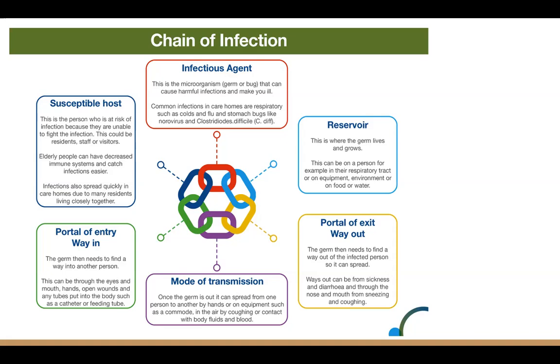Once the germ is out, if it's in the air, it can spread to other people via aerosols, or via indirect contact. Next, the virus in this case has to find its way into another person. If it's airborne, that person will breathe in the virus and eventually cause this person to become sick if they are susceptible. Not every person that gets exposed to a virus is susceptible to severe disease.